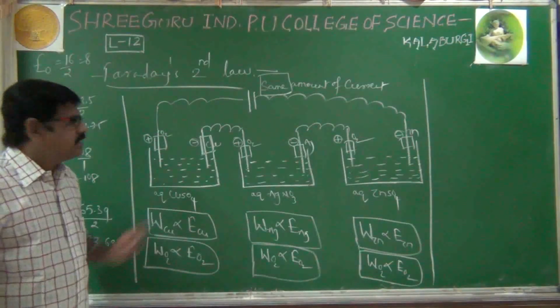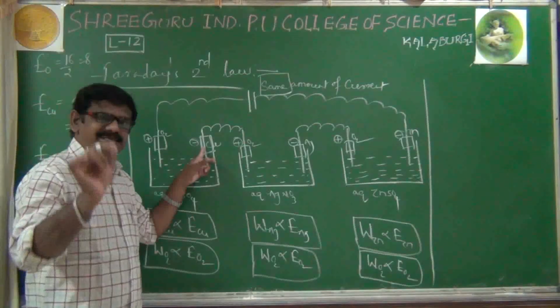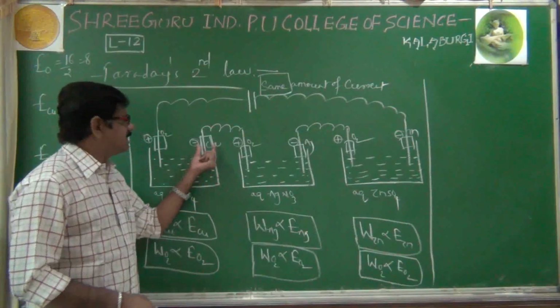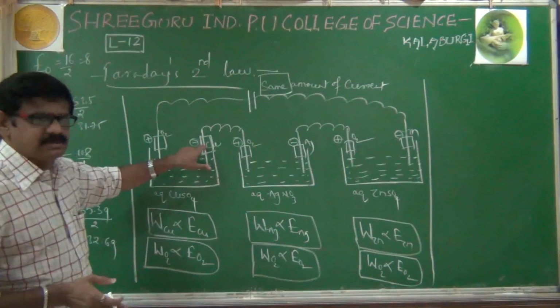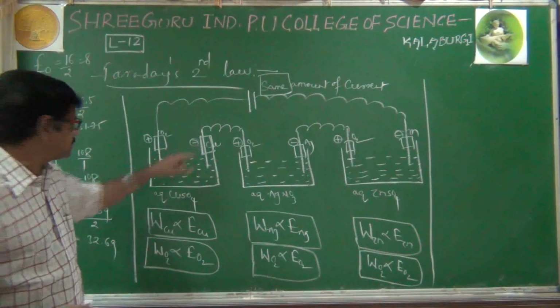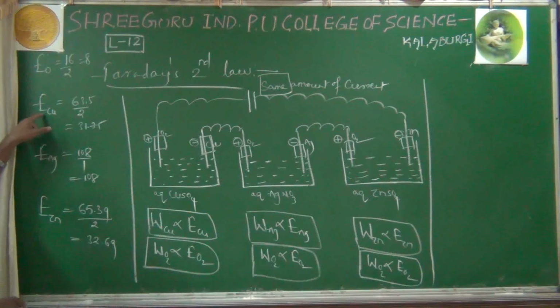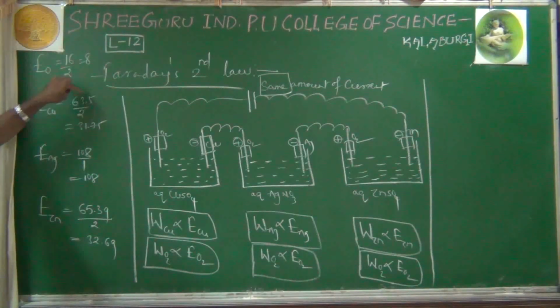For example, how much copper is depositing? Its equivalent mass amount. The equivalent mass of copper is atomic mass divided by valency, that is 63.5 divided by 2, which is 31.75.